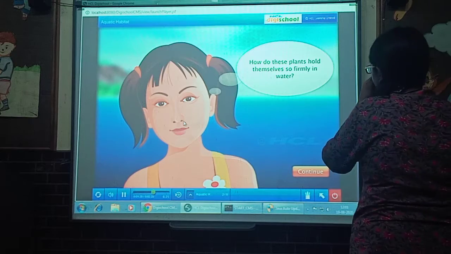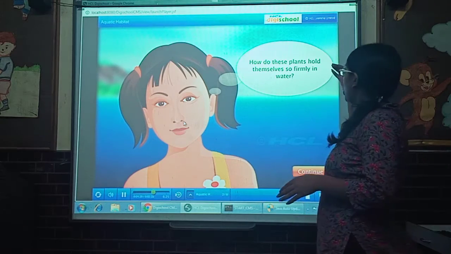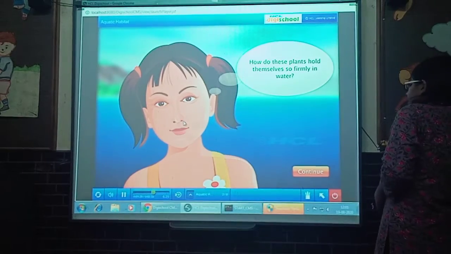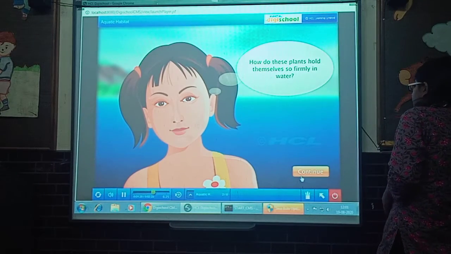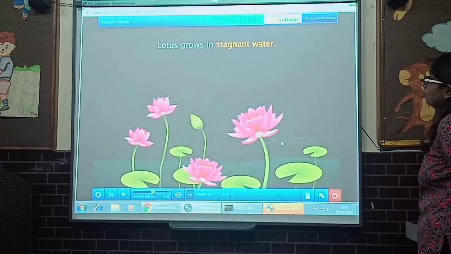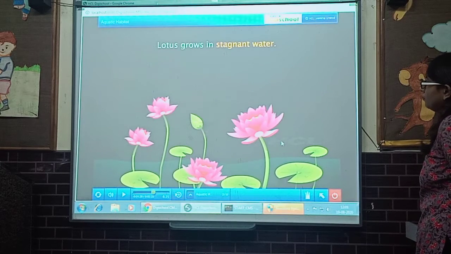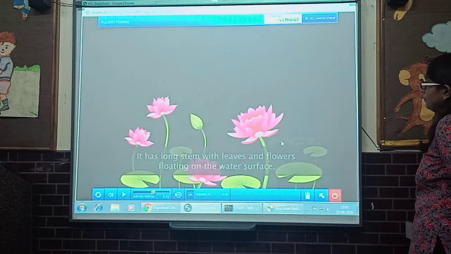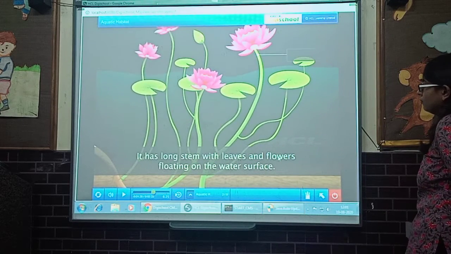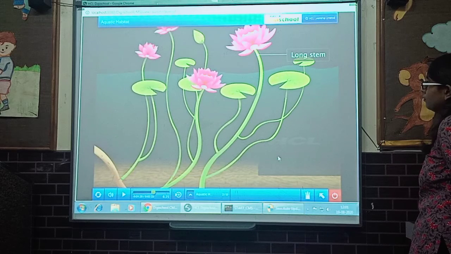So the question that comes to Annie's mind is, how do plants hold themselves so firmly in water? The lotus plant grows in stagnant waters in ponds or lakes. It has a long stem with its leaves and flowers formed above the surface of the water.